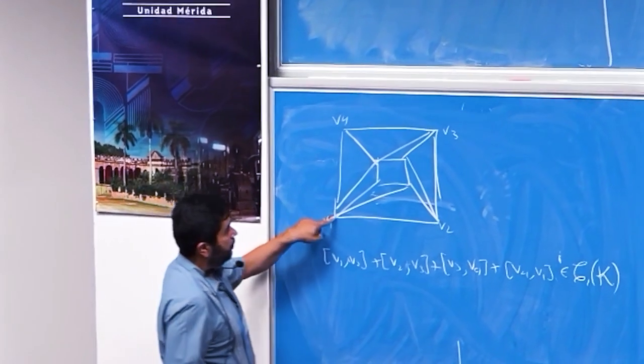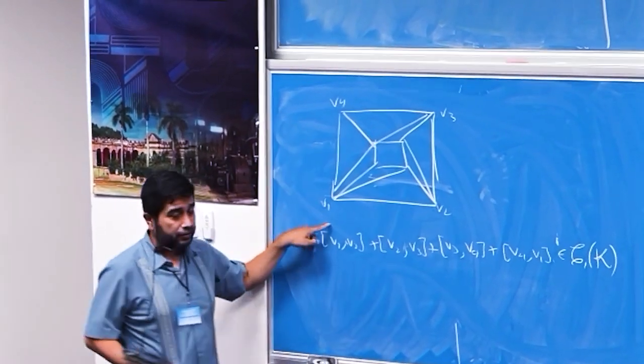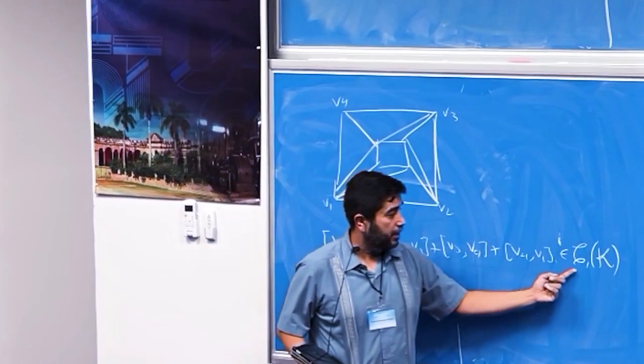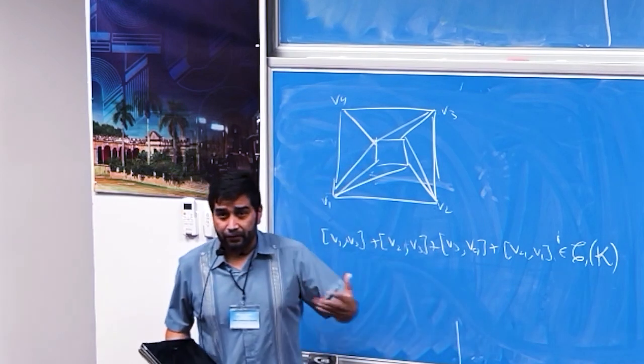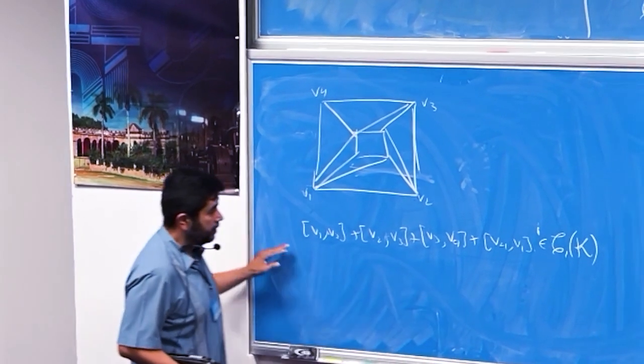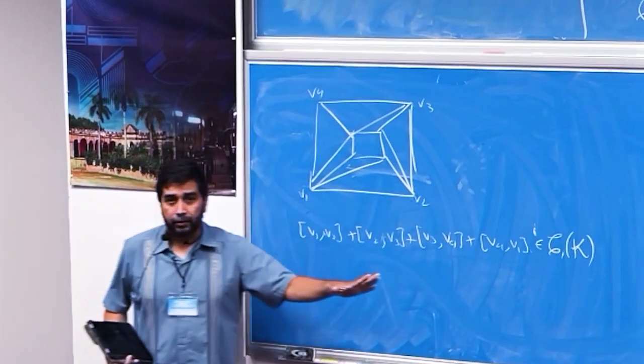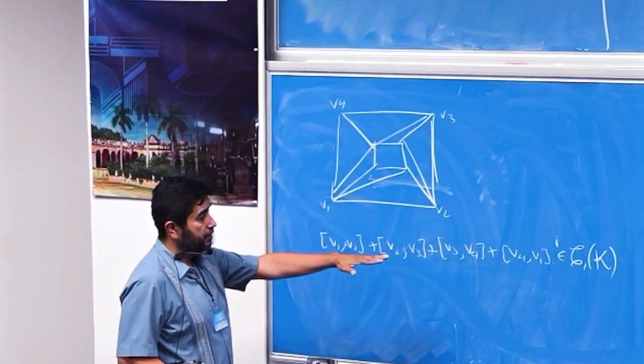So I have v1v2, v2v3, v3v4, v4v1. This is an element of C1 of K. By definition, it belongs there. All the coefficients are 1, and we are just adding all the edges. So it's an element of this group.